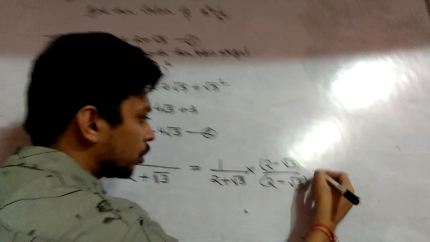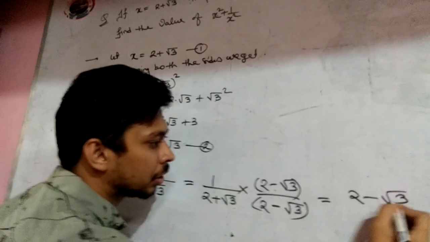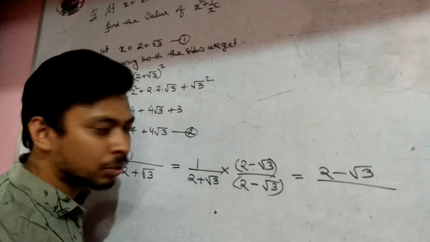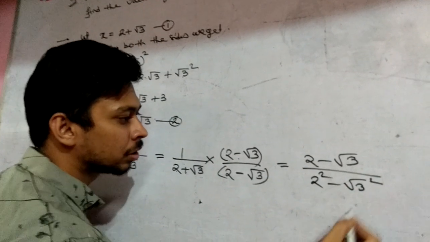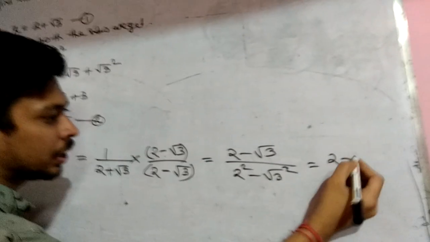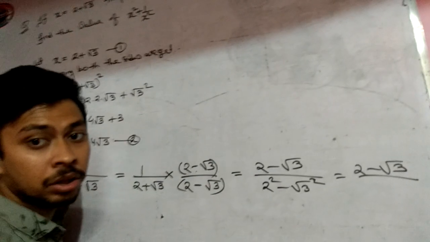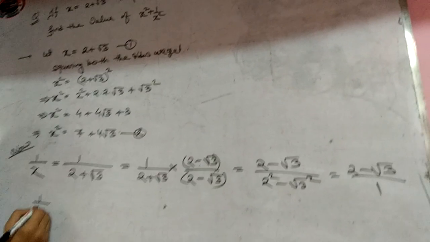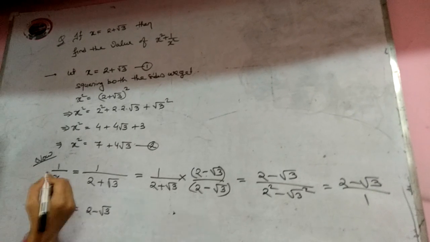So it will be 2 minus root 3 into 1, it will be 2 minus root 3. Here we are having a plus b into a minus b, it will be a square minus b square. Directly you will write 2 square minus root 3 square. So it will be 2 minus root 3. Here 2 square is 4, root 3 square is 3, 4 minus 3 is 1. So 1 by x is equal to 2 minus root 3.